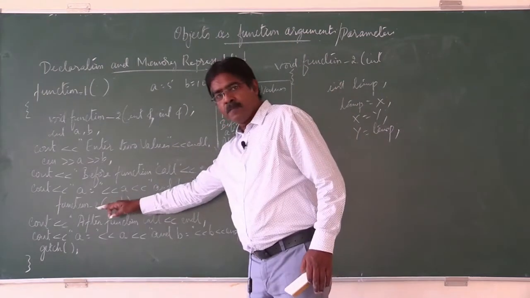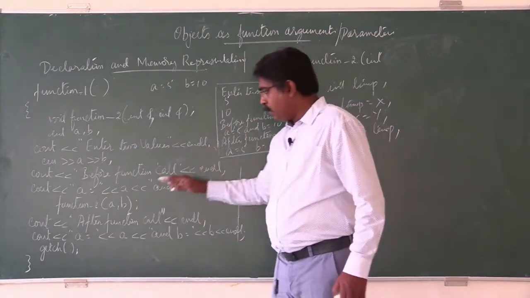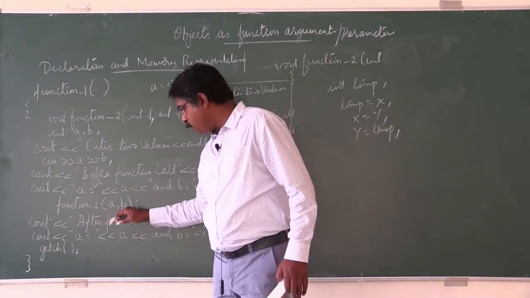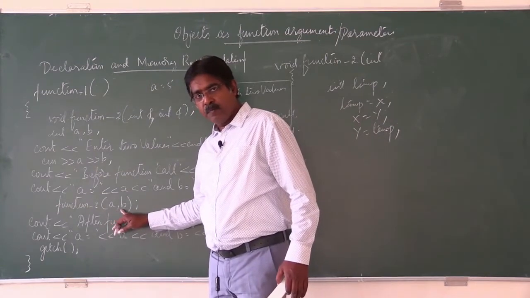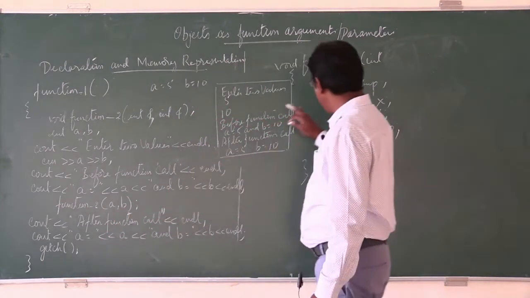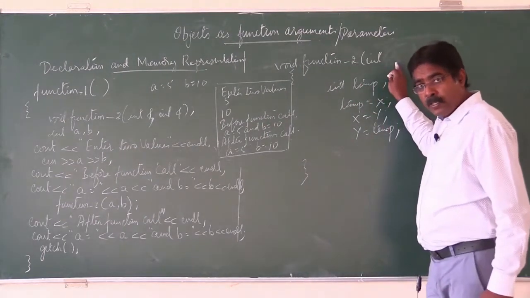When there is a function call, a and b are the actual arguments, and a's value is 5 and b's value is 10, which is given to the reference.